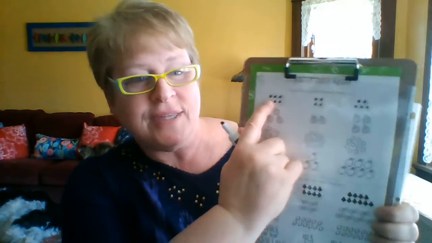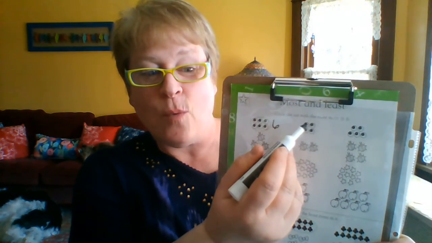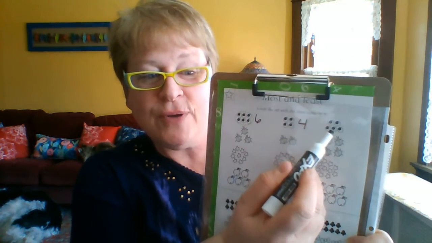So if we count these eyes, we have 1, 2, 3, 4, 5, 6. So I'm going to write 6 right next to that. Then the next one, 1, 2, 3, 4. And then the last, 1, 2, 3, 4, 5.